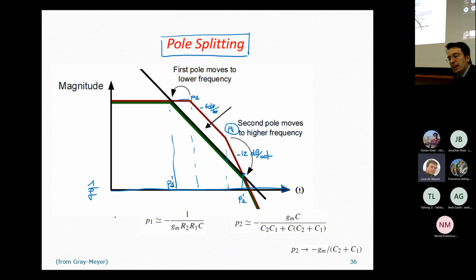Okay, now one last step and then we will make another short break. What is the relationship between I6 and I7? Well, the current I6 is flowing through transistor 7. So I6 and I7 are equal.